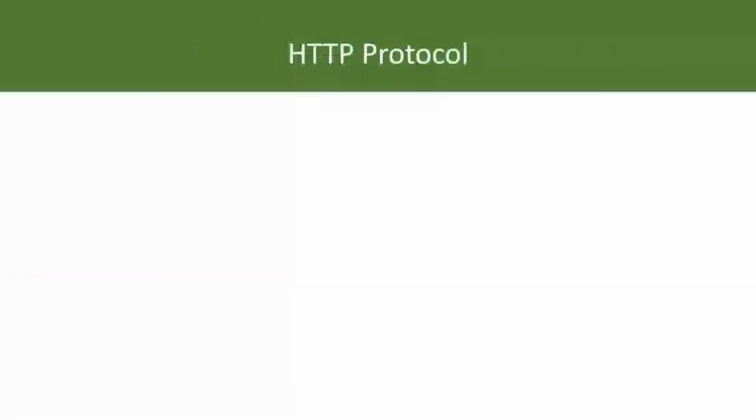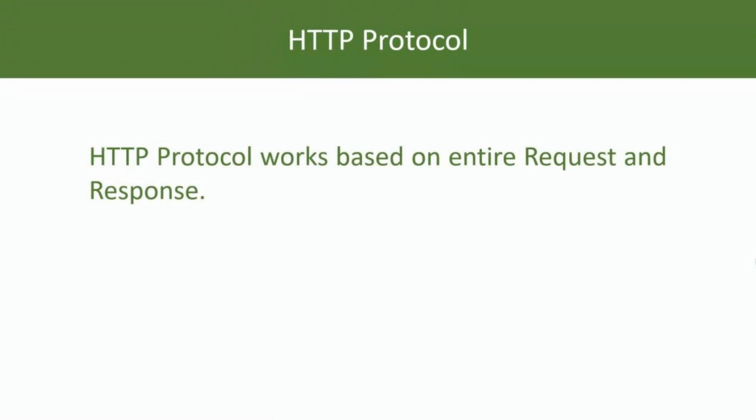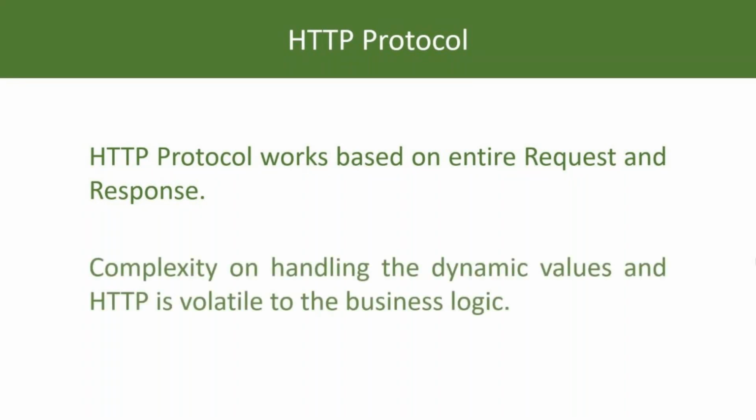So what about the HTTP protocol? It works based on the entire request and its corresponding response. The complexity, as I said, will mostly be in handling the dynamic values, and it is highly volatile to the business logic.